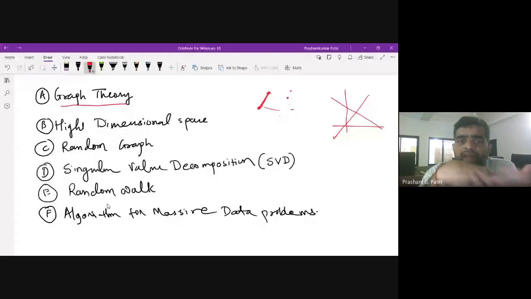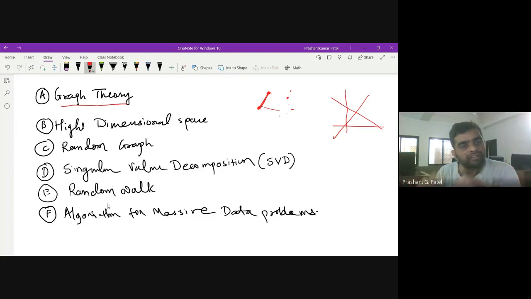Another example is web pages. If one web page is linked to another web page, then there is a connection between them, and in that manner you can construct the whole graph of web pages.